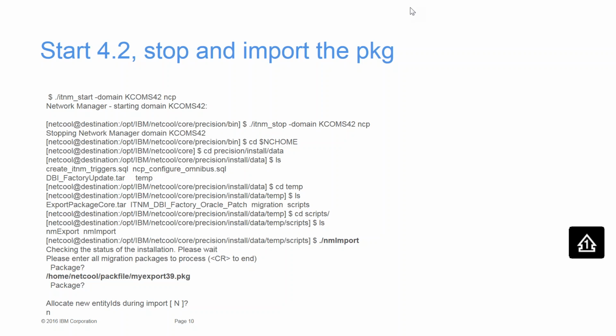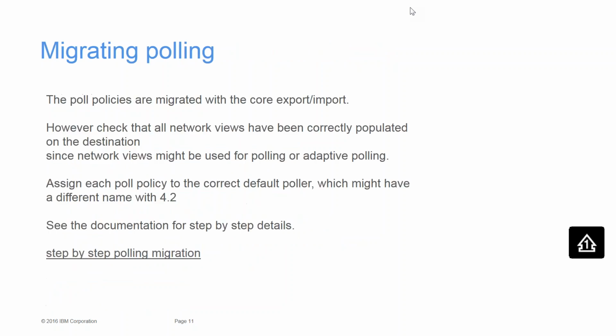There's more detail in the documentation, and this is just if you were running something like TATM or TBSM, where the entity IDs must stay the same. This is going to migrate the polling, and I have a link here at the bottom to go to the documentation again, but it is a value to check that when you're done, that the network views did get imported into your 4.2.